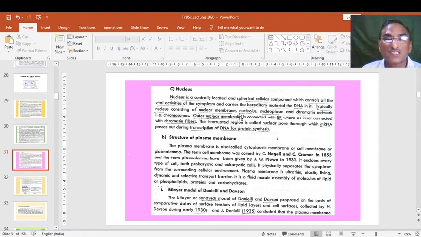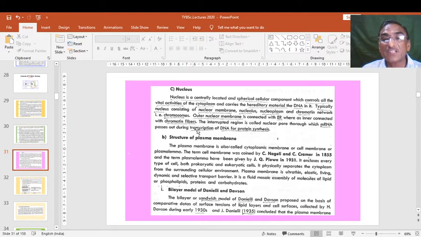Typically, the nucleus consists of the nuclear membrane, then the nucleolus at the center, then nucleoplasm, and a chromatin network, that is chromosomes or DNA and RNA. So these are all present in the nucleus. The outer nuclear membrane is connected with the endoplasmic reticulum, whereas the inner is connected with chromatin fibers.